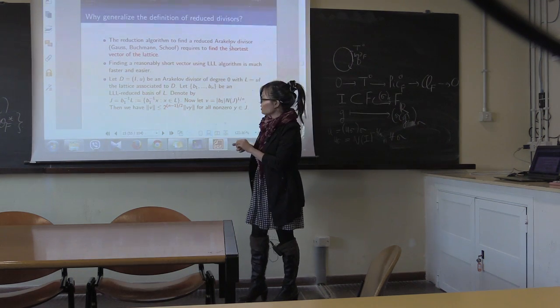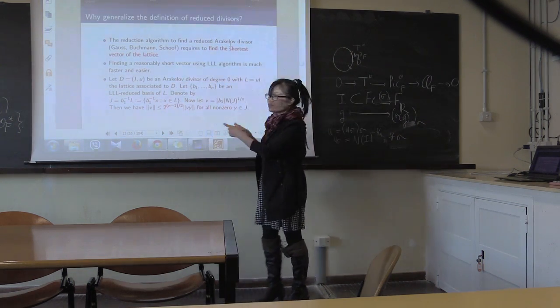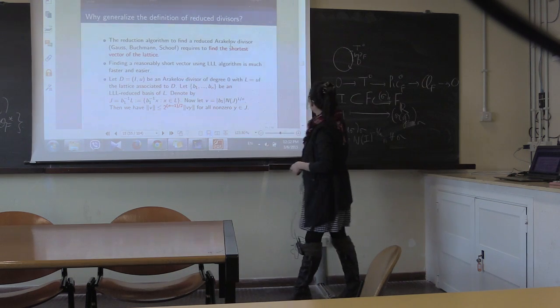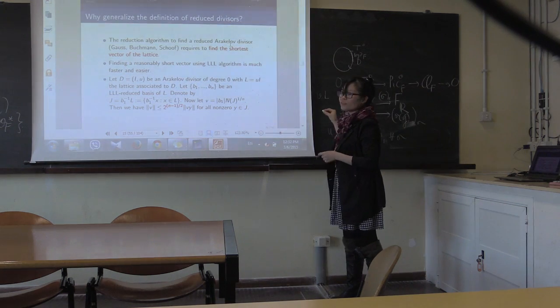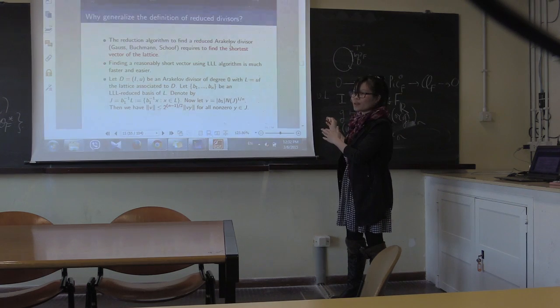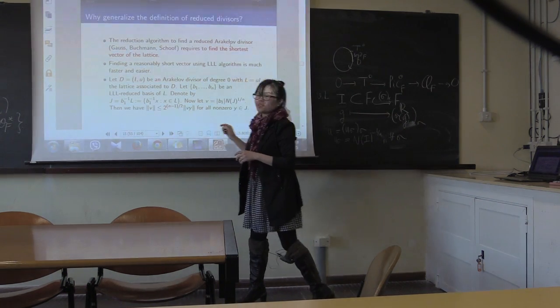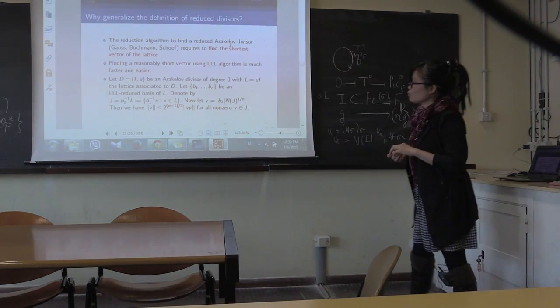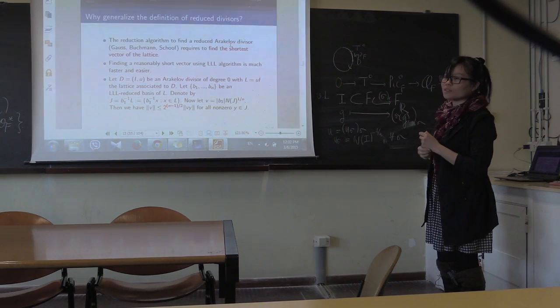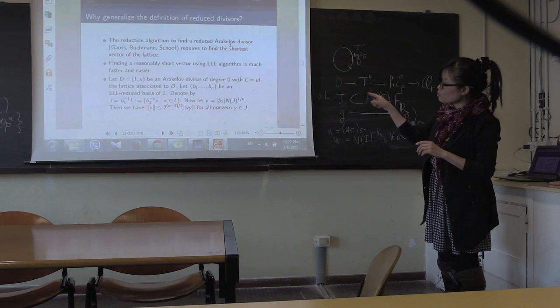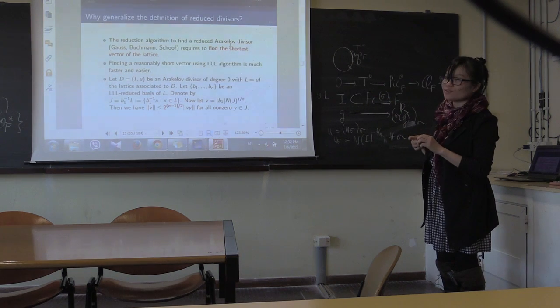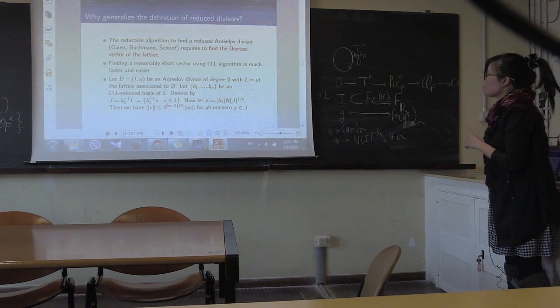In other words, v multiplied by L is almost the shortest vector of that lattice, scaled by the number 2 to the power of (n minus 1) over 2. And we use this property to define the c-reduced Arakelov divisor as follows.